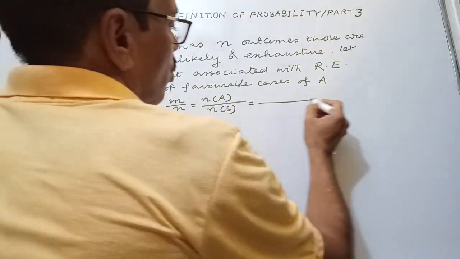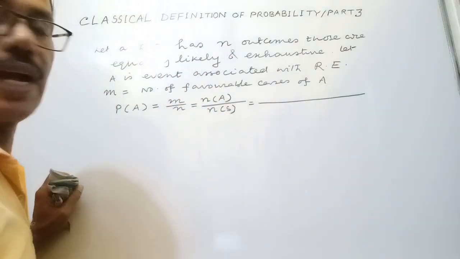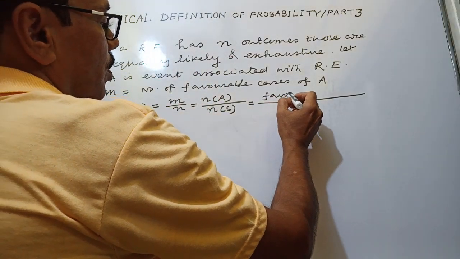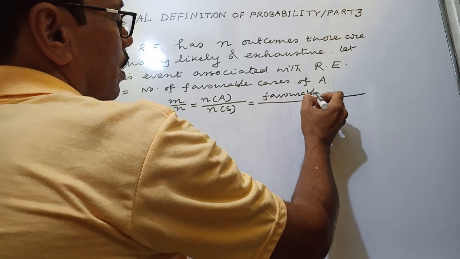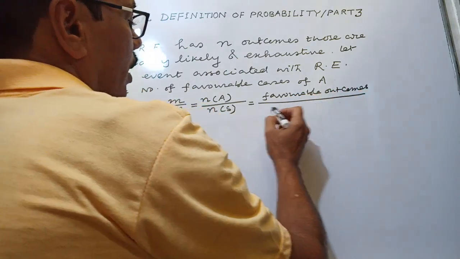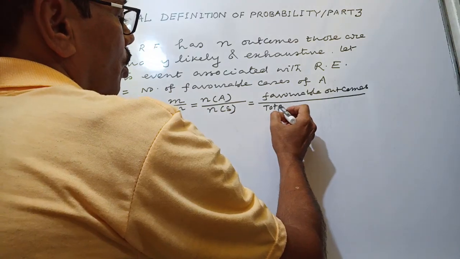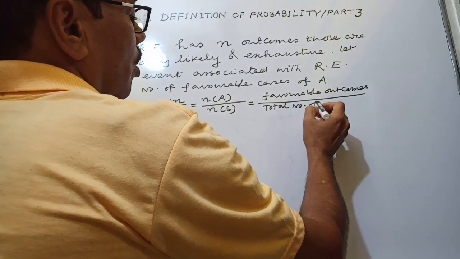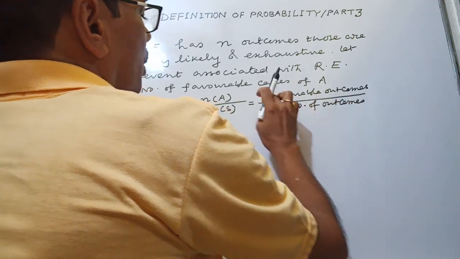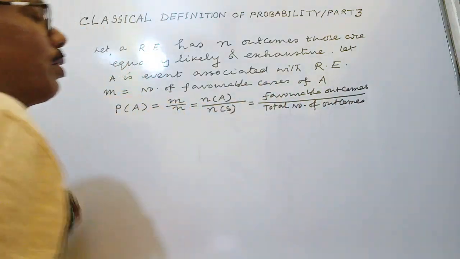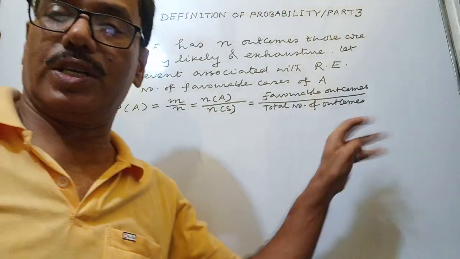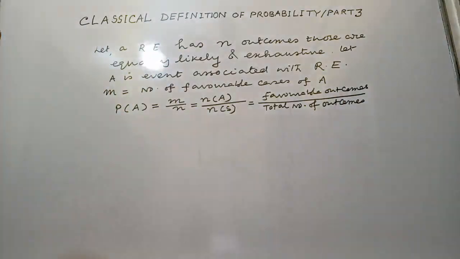So in language, you can write favorable outcomes by total number of outcomes. So this is our definition.